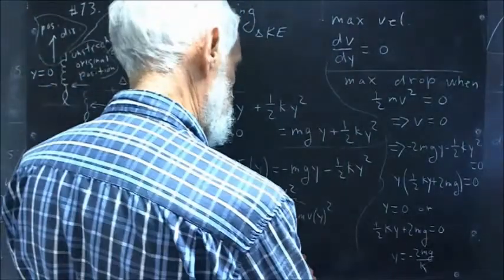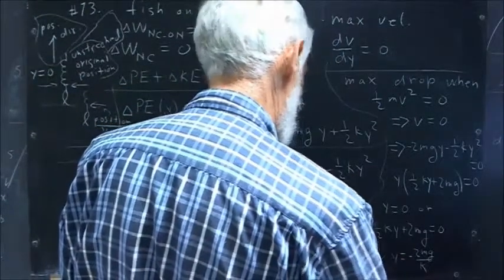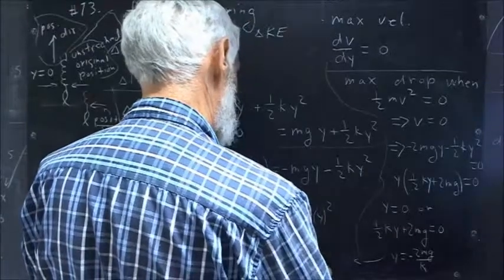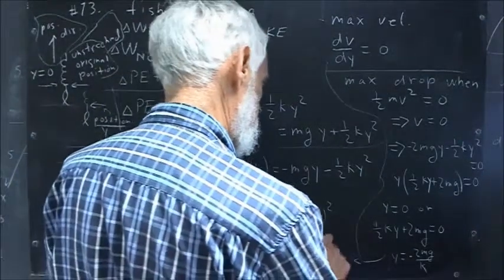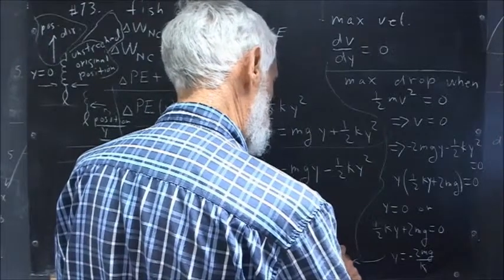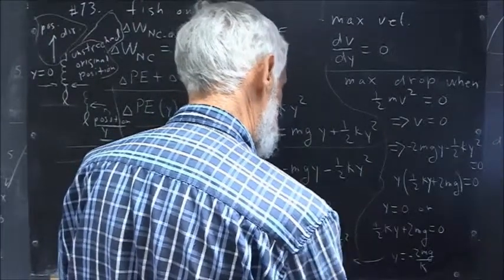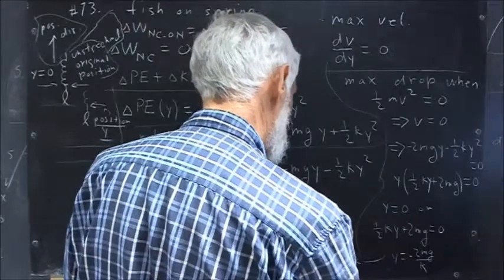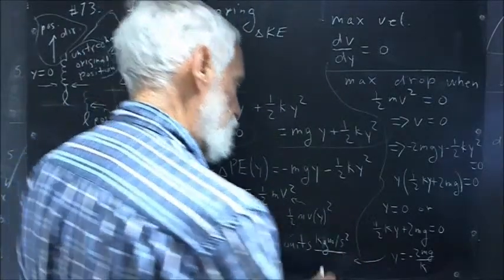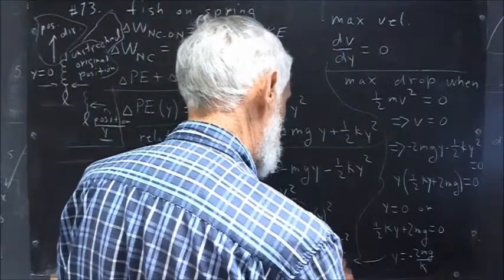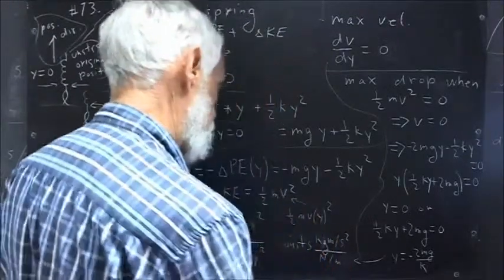The units of this, using SI units, are going to be kilograms times meters over second squared, kilograms, divided by k, which is newtons per meter.